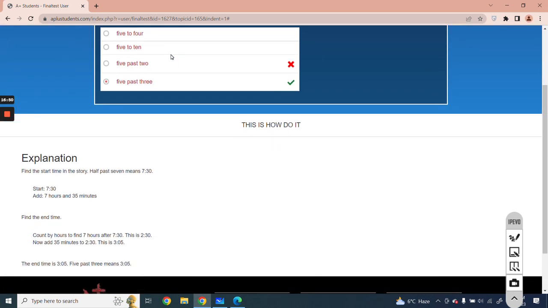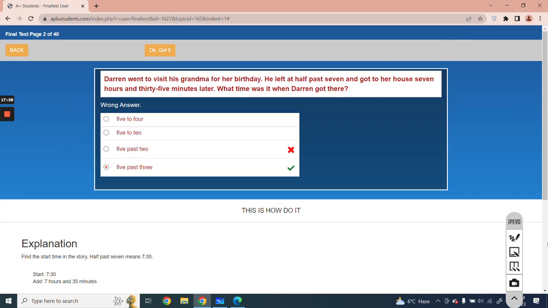It is 3:05. Oh yes, it is 5:03. Got it? First you have to add the hours.